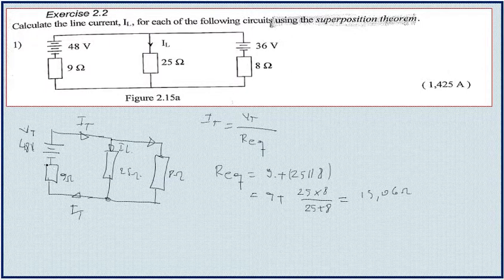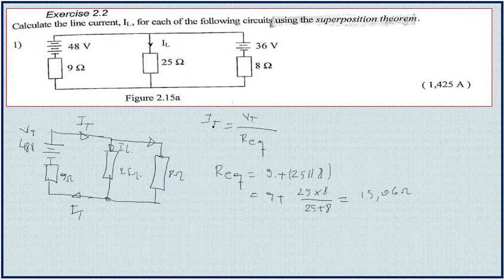Since this equivalent resistance and the 9 ohm resistor are in series, I add them. That's why we have 9 plus that one.